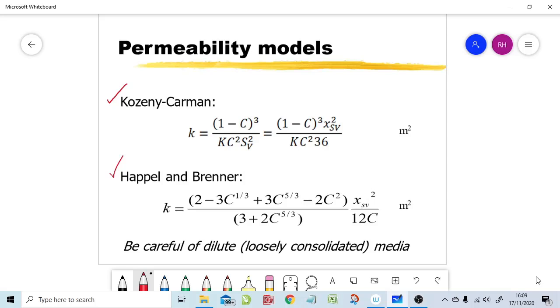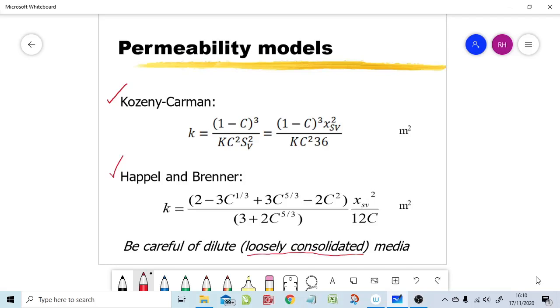However, in both cases here, these are really for a porous medium that is reasonably well packed, relatively high concentration. If you have open beds, or what's called loosely consolidated porous media, for example in sedimentation, that's a moving, loosely consolidated bed, or possibly even fluidization, again loosely consolidated and moving.